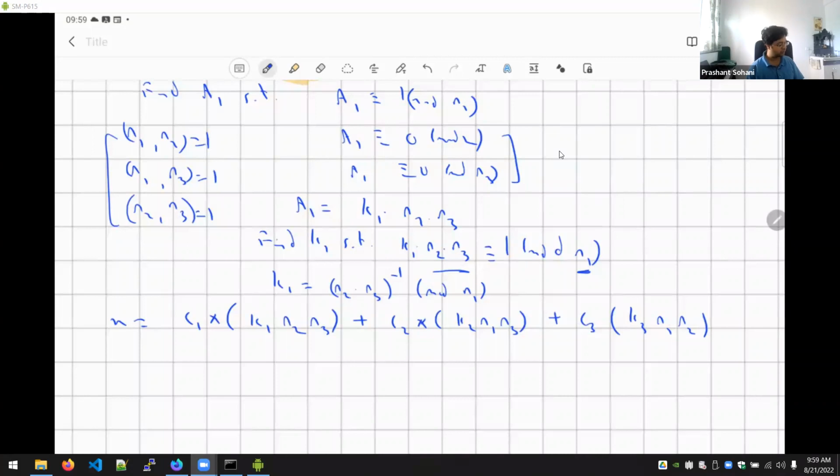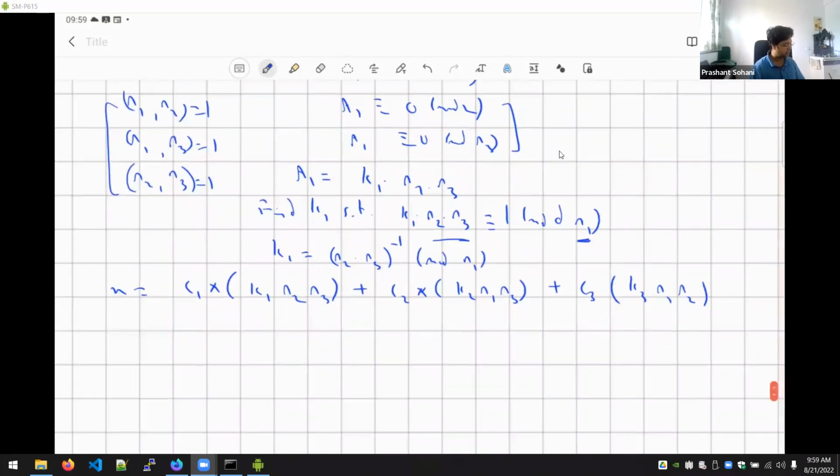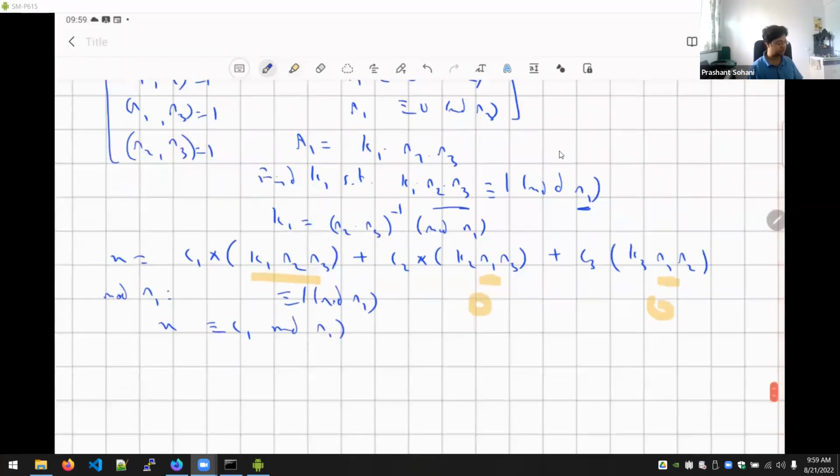If you take the remainder modulo N1, here N1 is occurring, here also N1 is occurring, so these will be 0 and 0. And this term is congruent to 1 mod N1. So the whole thing is congruent to C1 mod N1. In the same way C2 and C3 will also work.